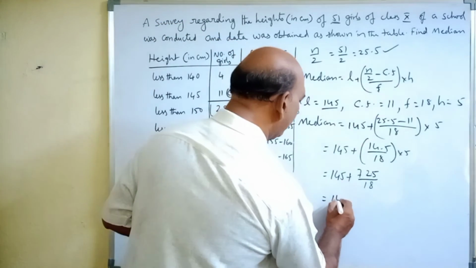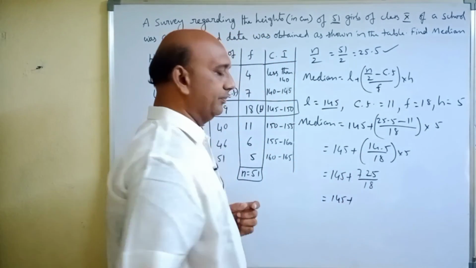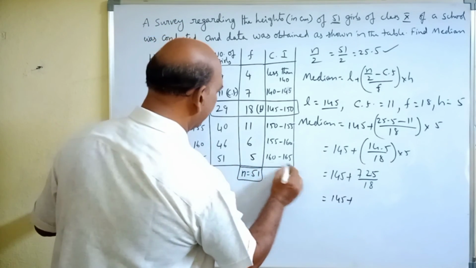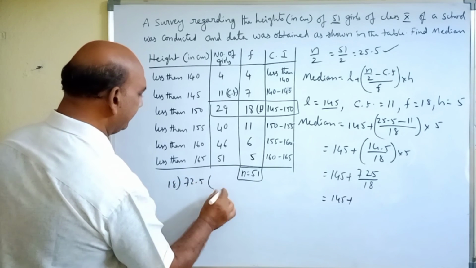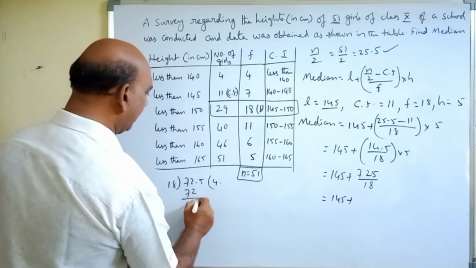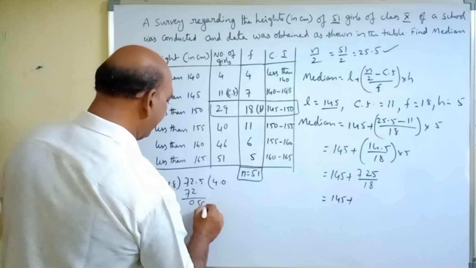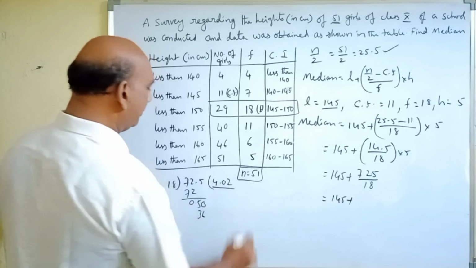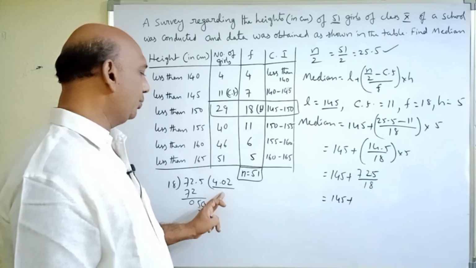This is equal to 145 plus, divide this 72.5 by 18. 18 fours are 72, put the point here, this is 0, put 0 and take 0, 18 twos are 36. So after the point, 2 decimal places are enough, that is 4.02.